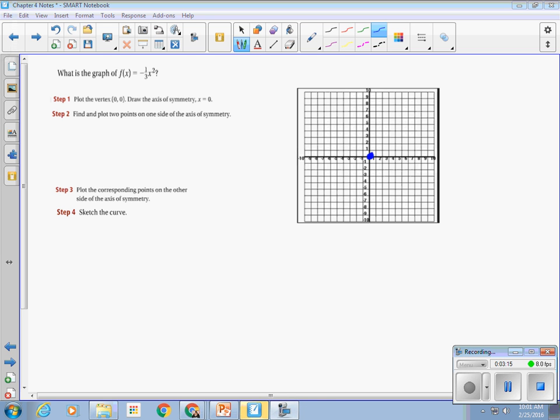The axis of symmetry is at x equals 0 because it is the x coordinate of our vertex. So we're going to put a dashed line at x equals 0 to show that's our axis of symmetry.